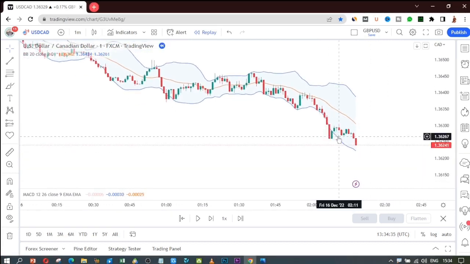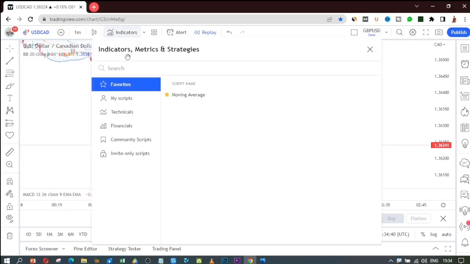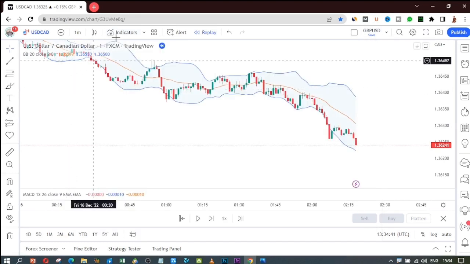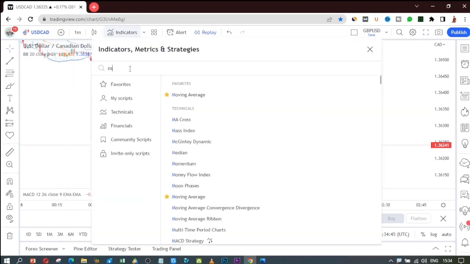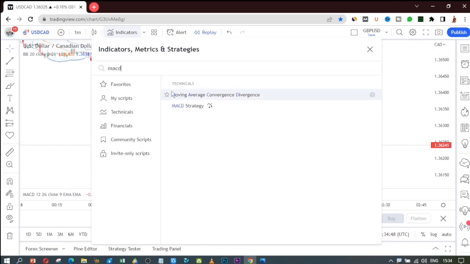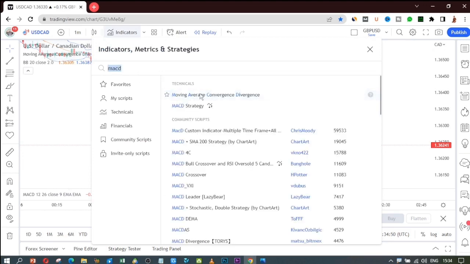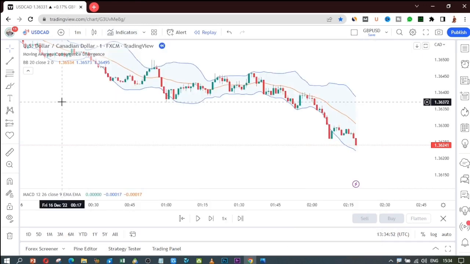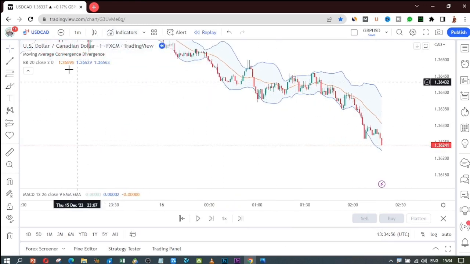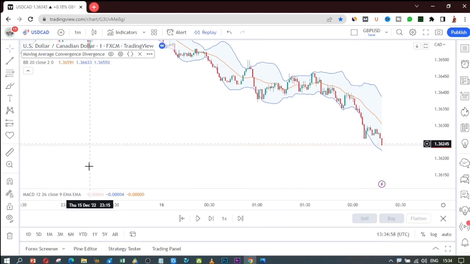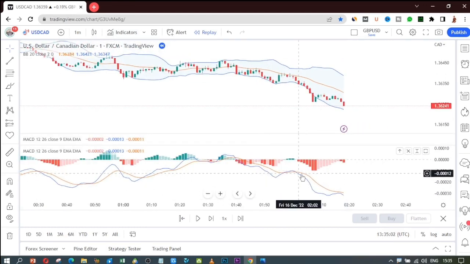So how do we make this a little bit better? What we can do here is add another indicator. So we go to TradingView, indicators, and then type in MACD, which is the moving average convergence divergence. The MACD is down here, right?